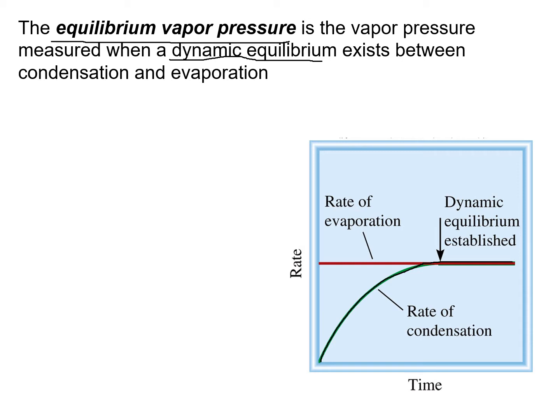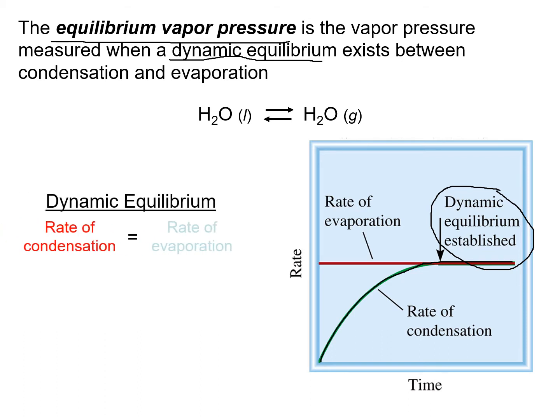So the forward and the reverse processes are equal, and at that point, we say a dynamic equilibrium has been established. So we can look at this for liquid vaporizing to gaseous water. And once again, at that dynamic equilibrium, the rate of condensation is going to equal the rate of evaporation.